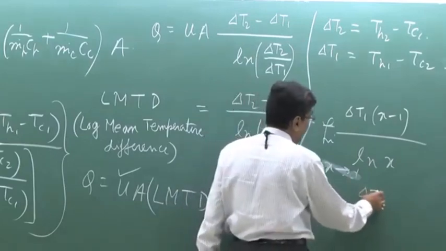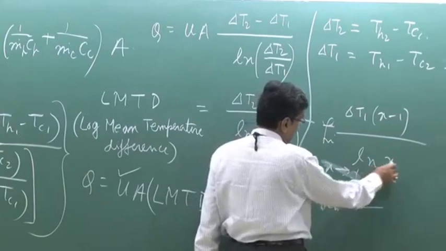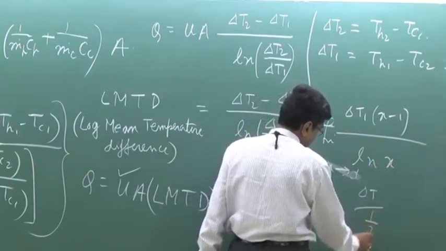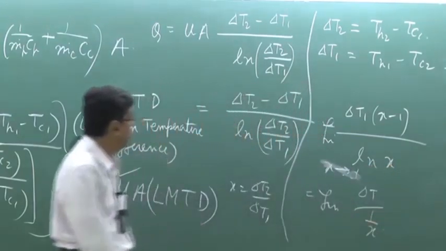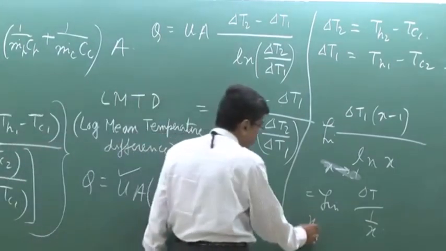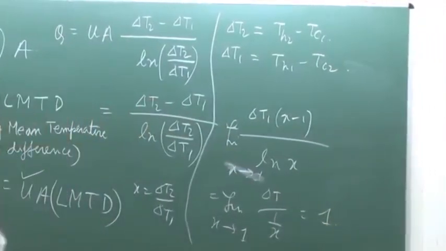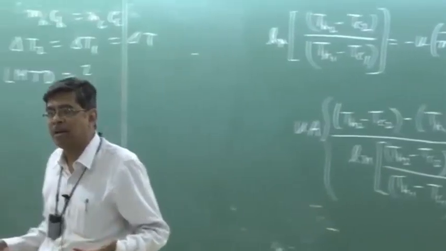So delta T1 divided by ln x, the derivative is 1 by x, and limit x tends to 1. That means there are various ways to prove it. Sometimes you can write delta T2 as delta T1 plus epsilon, and take epsilon tends to 0.